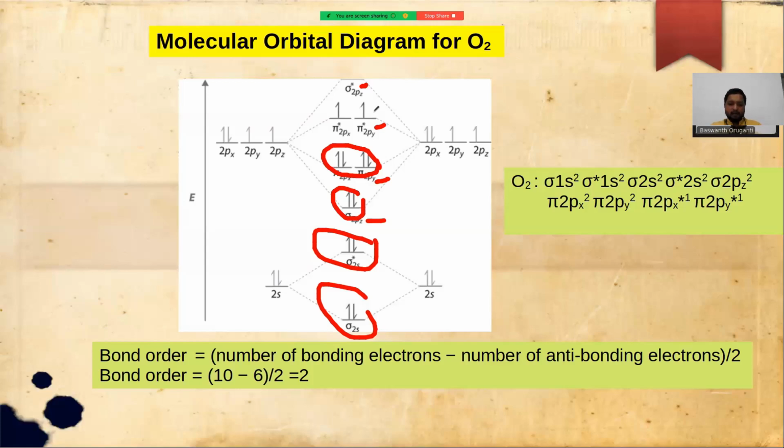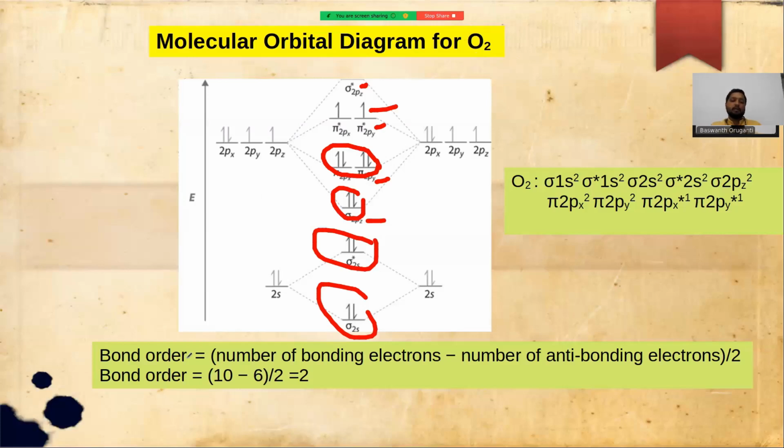So as a result, we have this molecular orbital configuration: sigma 1s2, sigma star 1s2, sigma 2s2, sigma star 2s2, sigma 2pz2, and then pi 2px2, pi 2py2, and the pi star orbitals are only half filled. Due to these unpaired electrons, the oxygen molecule is paramagnetic.